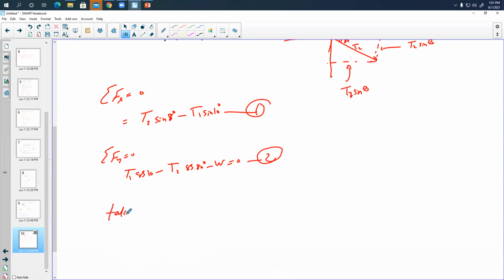Now taking equation 1 and solving it for T1, actually let me write this down.